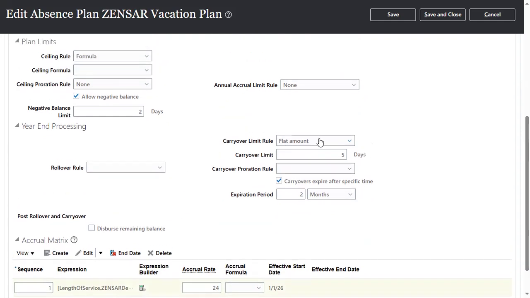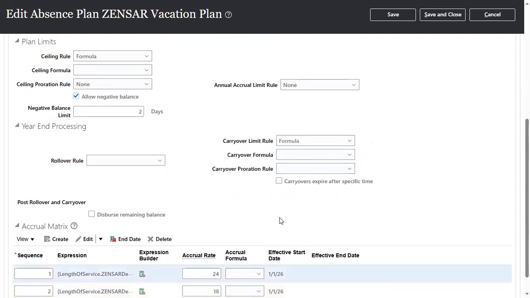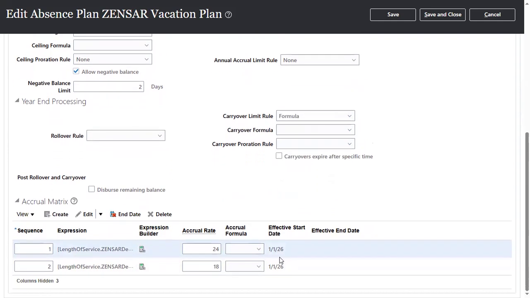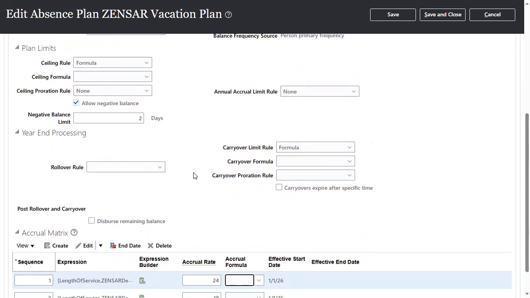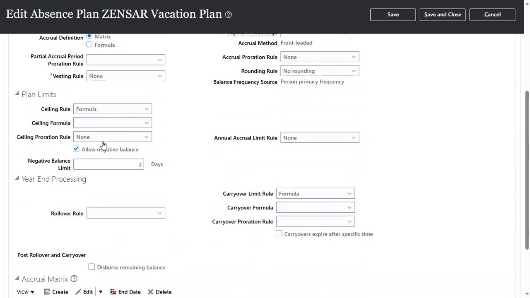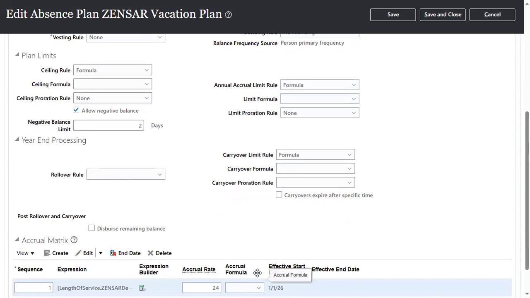And then we see carryover limit here as well. Rollover, we cannot do that. Annual accrual limit, when we choose formula, then we will be able to do that here.